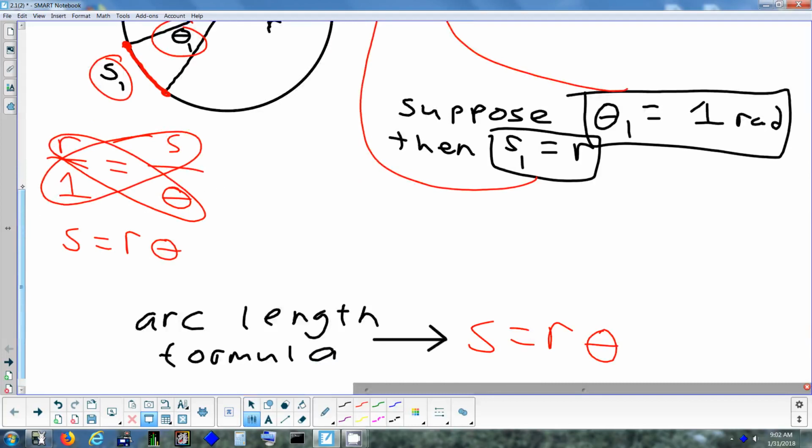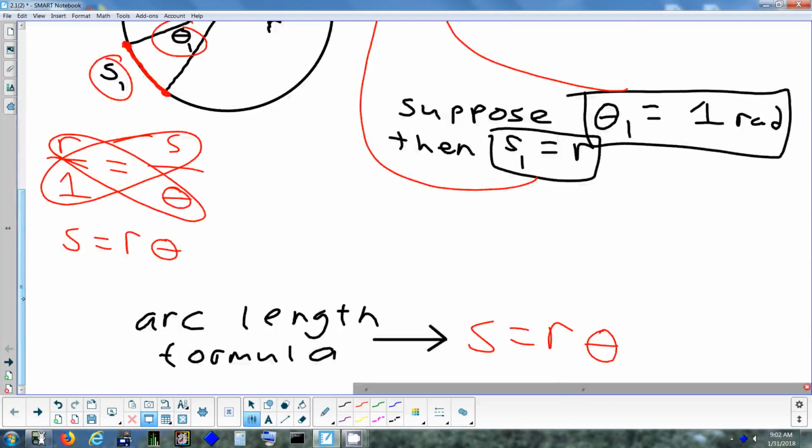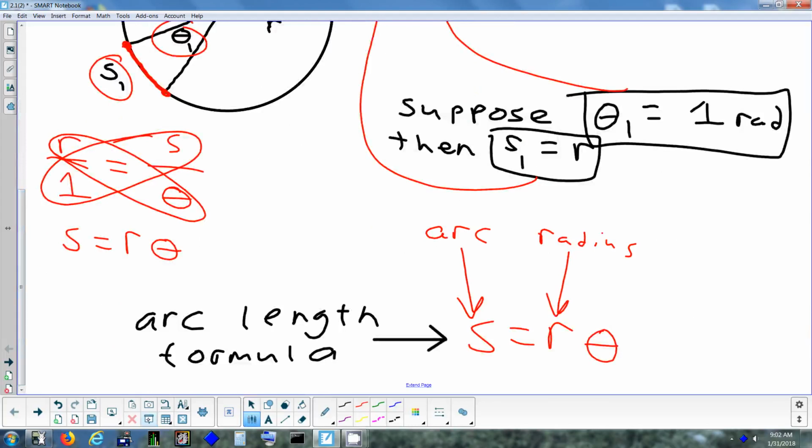Well, S is an arc in a circle. R, what do you think R stands for? Radius. That's your radius in a circle. And what about theta? Angle. That's an angle.